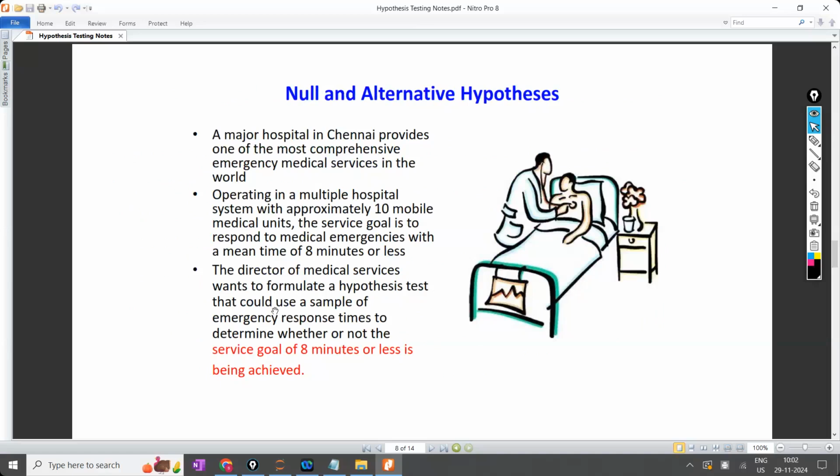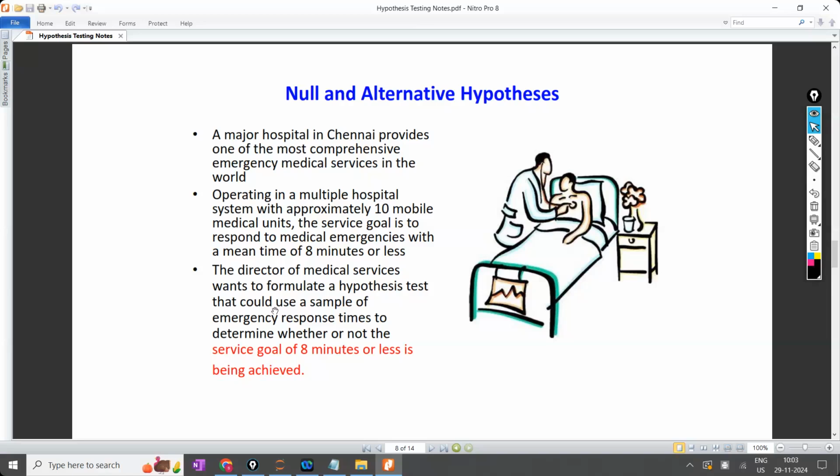What is the null and alternate hypothesis for this? What is the null and alternate hypothesis?